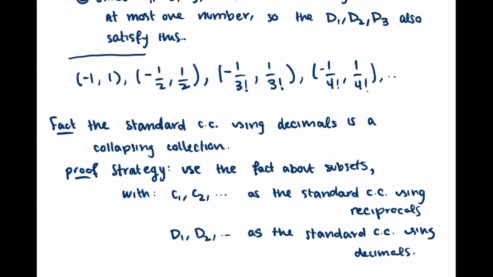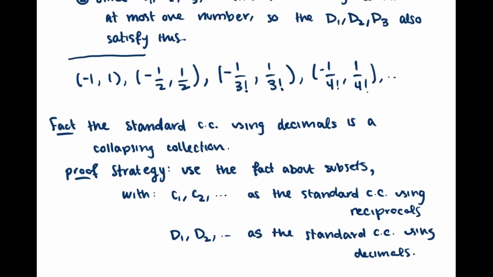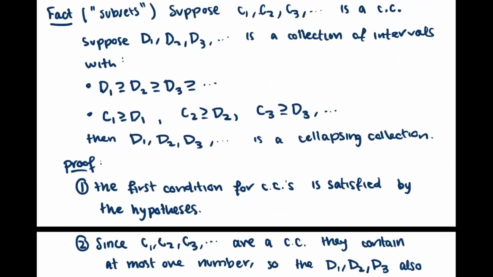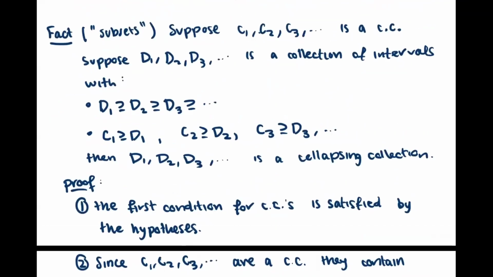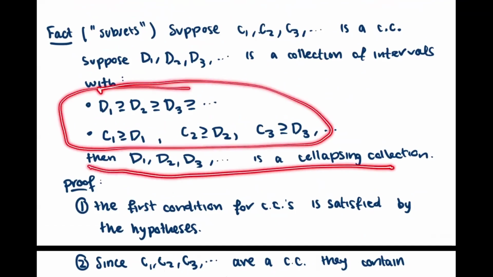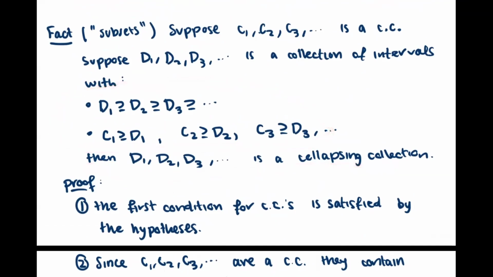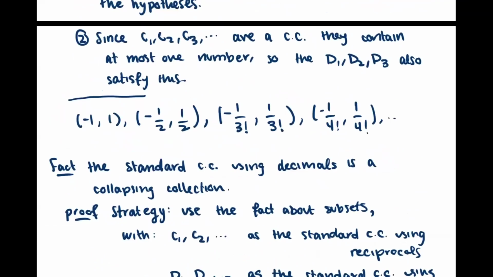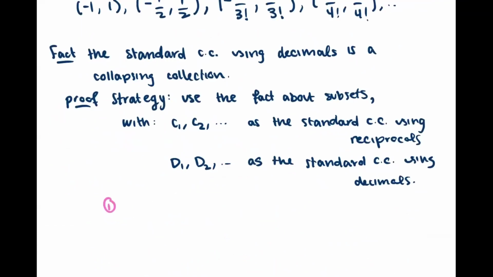So to do this, we need to show that these two hypotheses are satisfied, and then we'll have the conclusion that the D's are a collapsing collection. For the first one, I'm going to call these 1 and 2 again. So let's write out the standard collapsing collection using decimals.